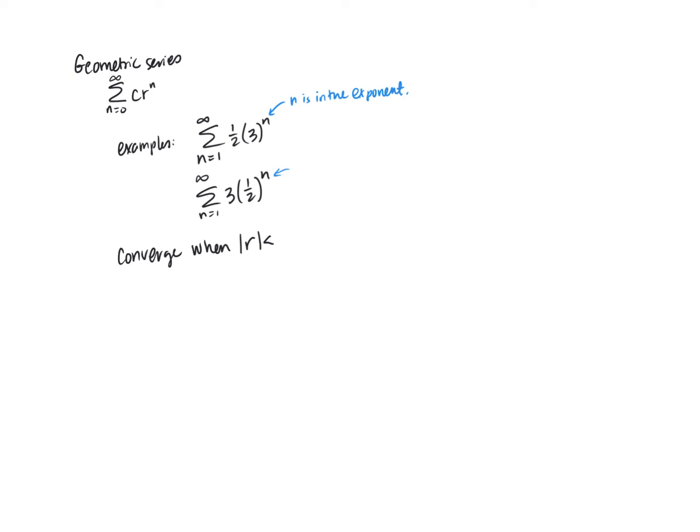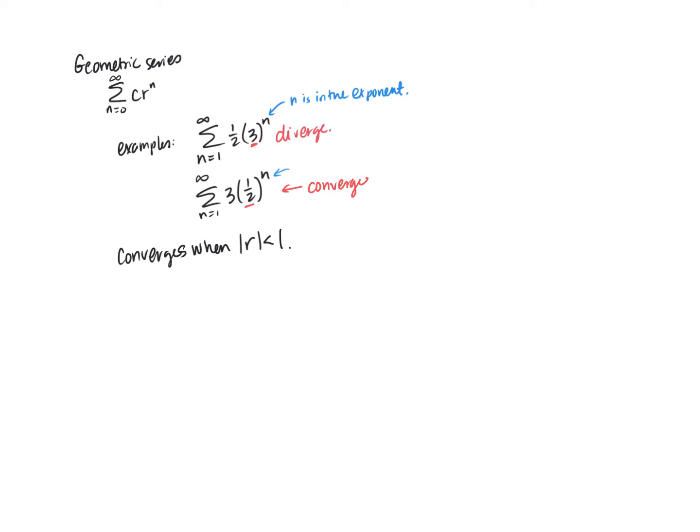So this one here, that 1/2, is less than 1, so this is going to converge. And here the 3 is greater than 1, so this is going to diverge.